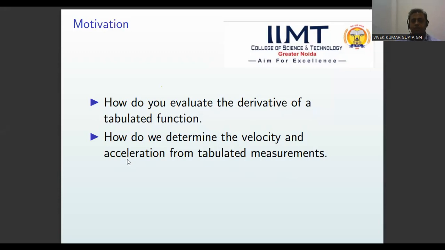Differentiation means rate of change. In the case of distance, the derivative is represented by velocity, and the double derivative is represented as acceleration.